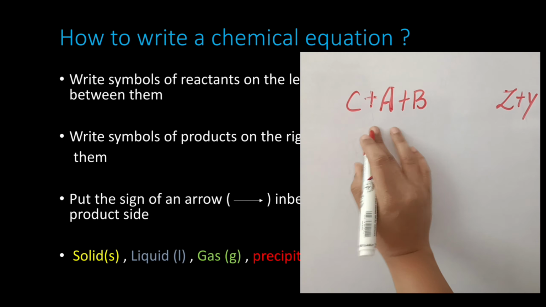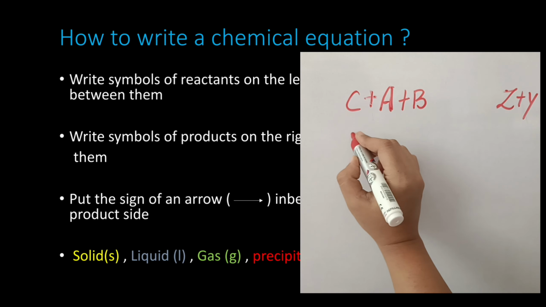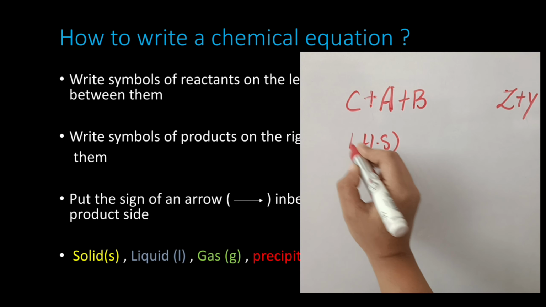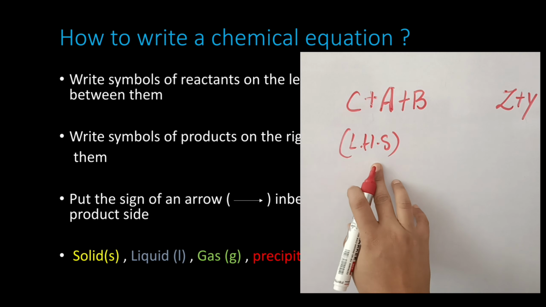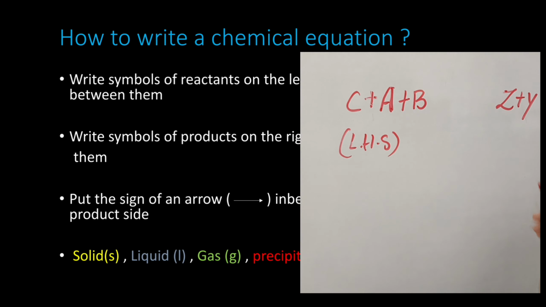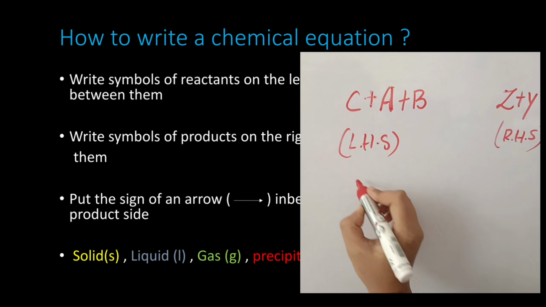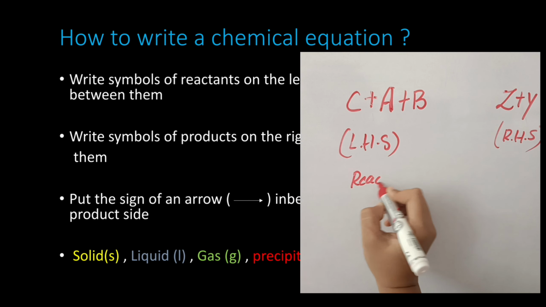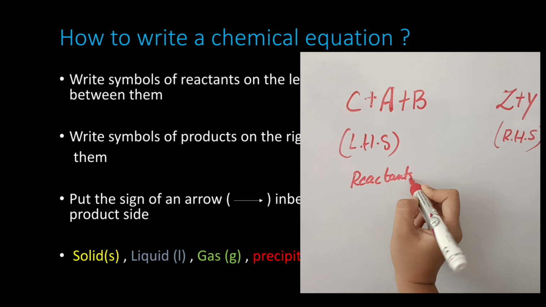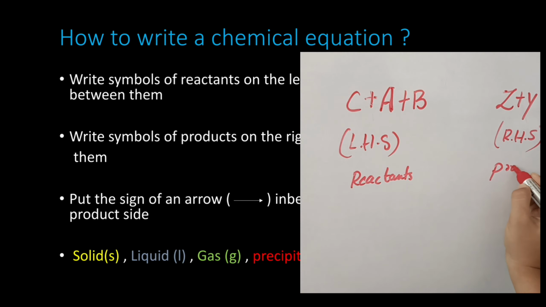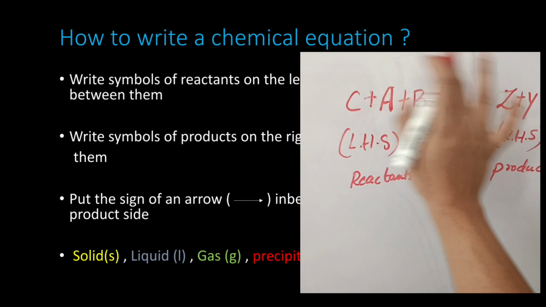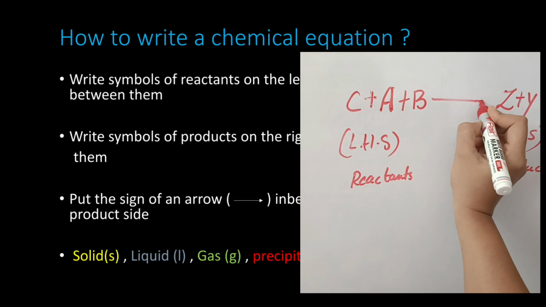The reactant is always written on the left hand side. You all know in mathematics what LHS is, which is left hand side, and the products are written on the right hand side. These are called your reactants. These are the products. Between reactant and product we put an arrow mark.